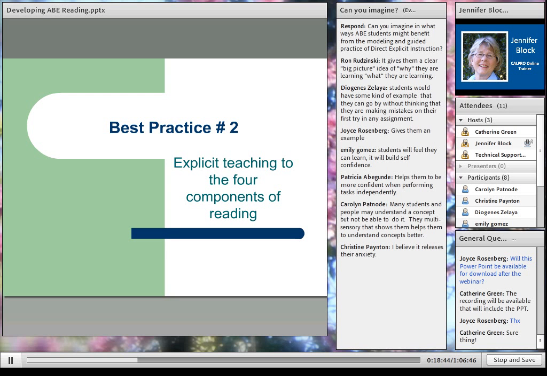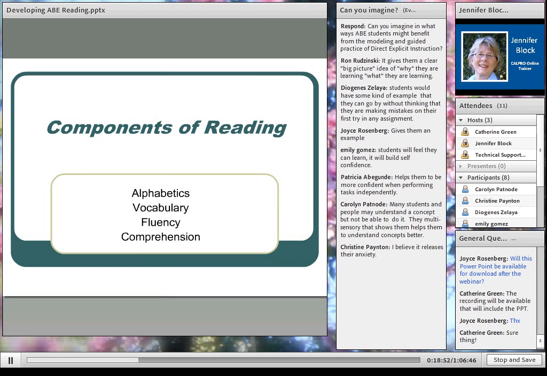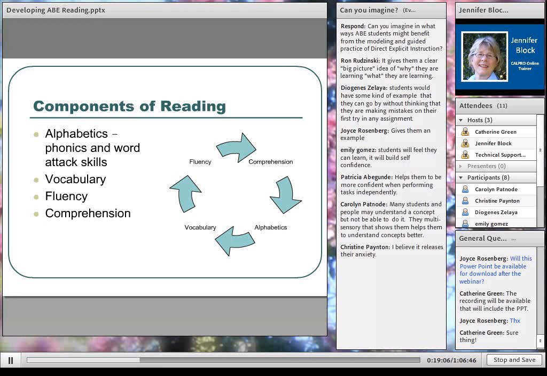I know some of you have likely had some experience with STAR training or evidence-based reading instruction, and in those trainings, the components of reading are emphasized, which are alphabetics, vocabulary, fluency, and comprehension. Each of these components, of course, have the goal of enhancing comprehension, which is the component that is most often taught to.